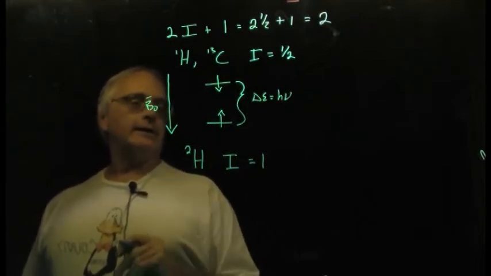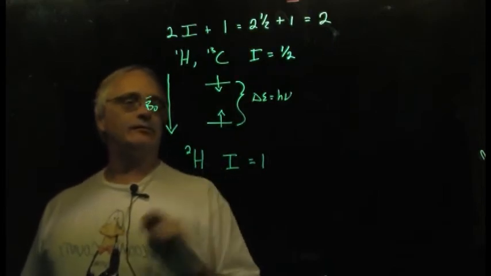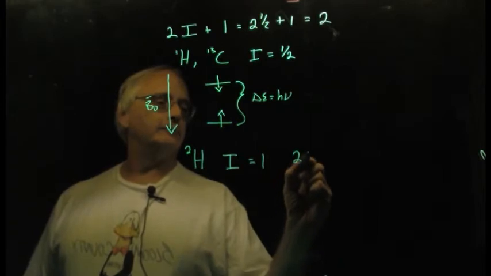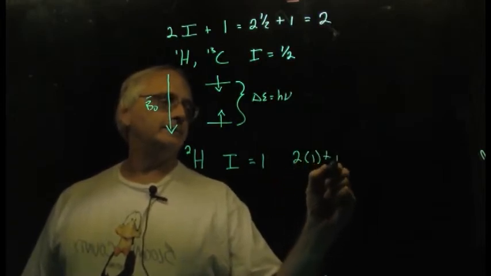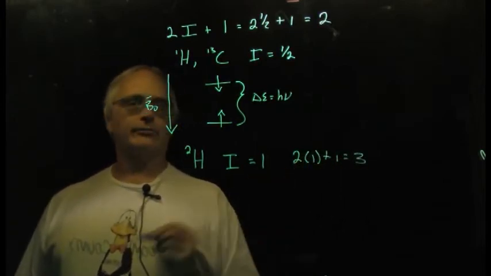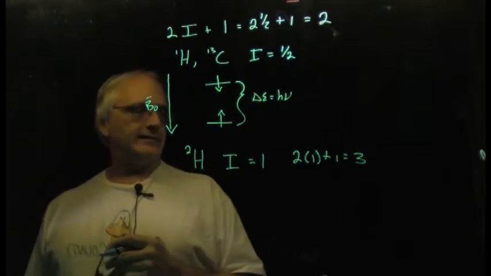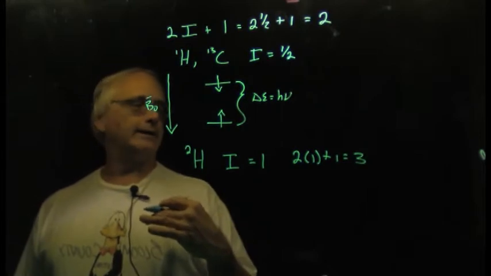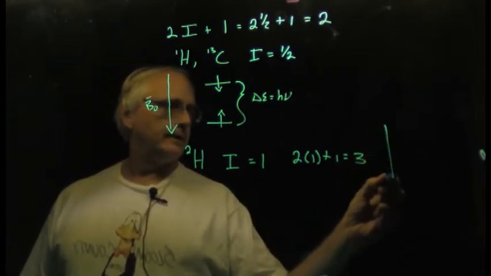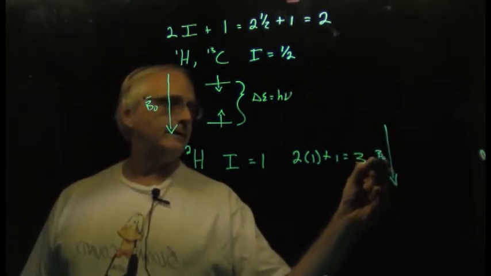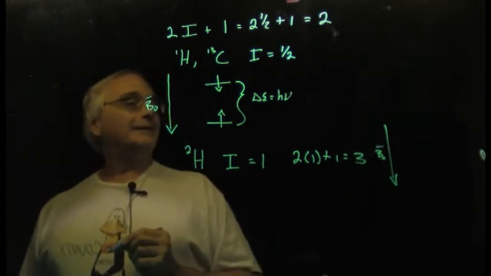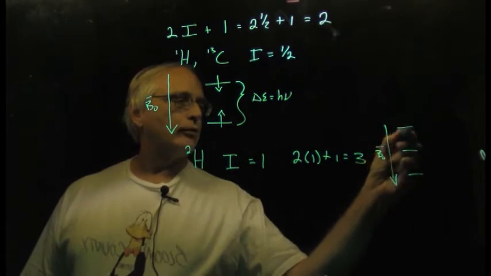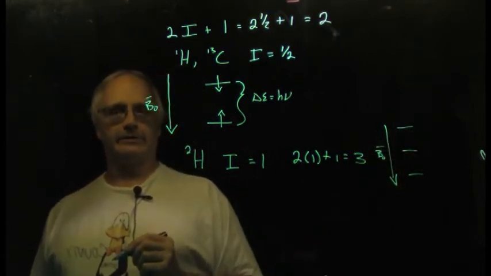If we calculate how many spin states this one can adopt in an external magnetic field, the calculation is pretty simple, as they tend to be here. It comes out 3. And I interpret that as saying when I drop a deuterium into our big honkin' magnetic field, and again I'll reproduce it this way, a deuterium, a heavy hydrogen nucleus, can adopt 1 or 2 or 3 possible orientations.